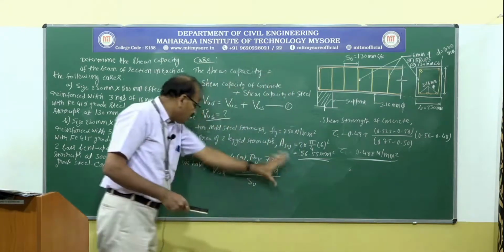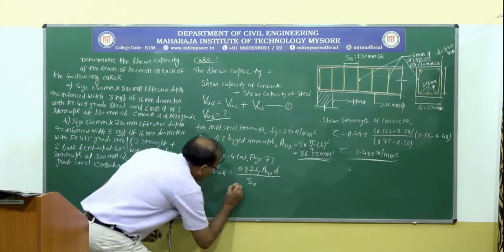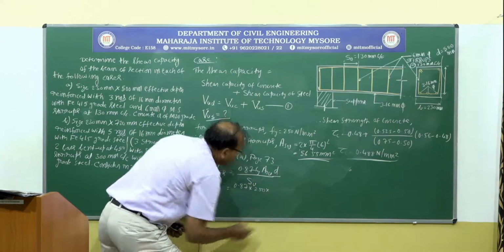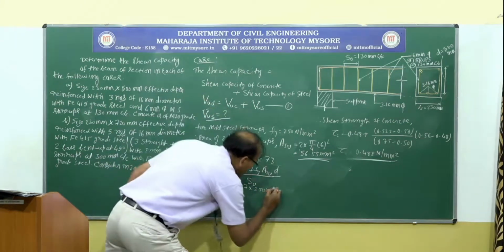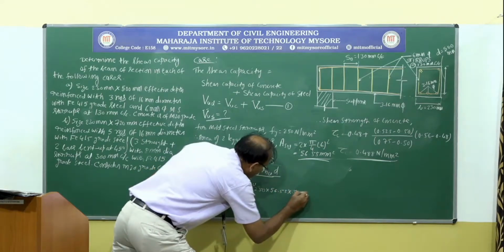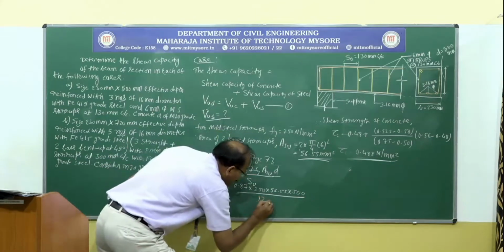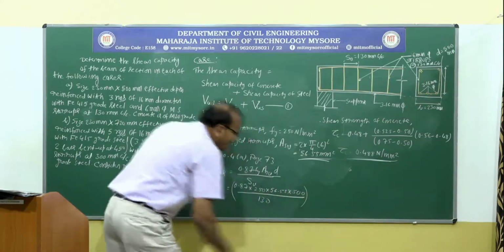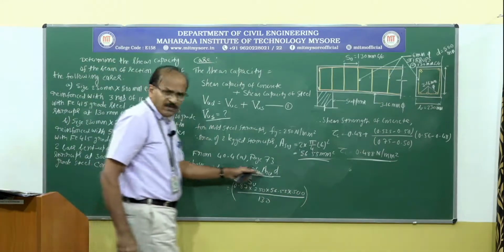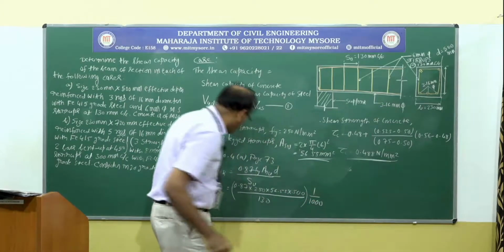So, let us substitute all the values first. That is equal to 0.87 multiplied by 250 multiplied by ASV is 56.55, depth is 500 divided by spacing is 130. So, we are going to get the value in terms of Newton. So, I am going to convert the value into kilonewton by dividing it by 1000.